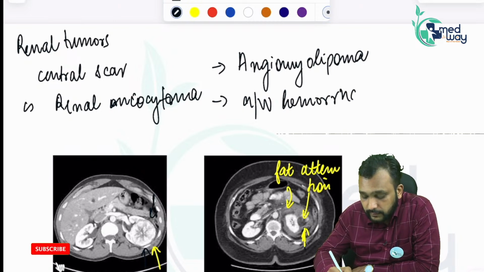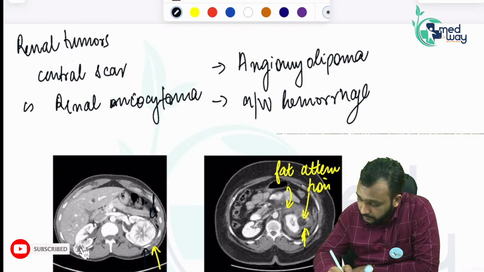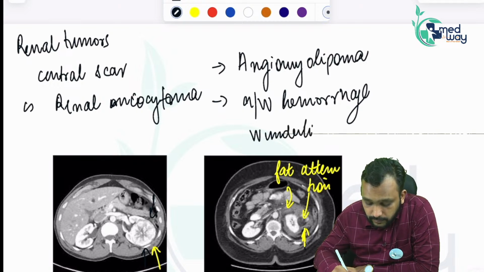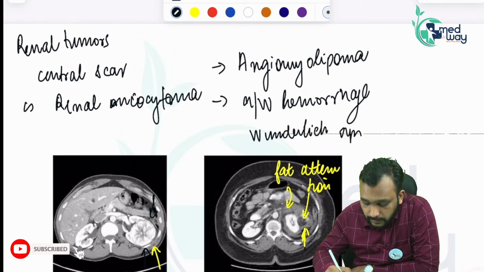When it is associated with hemorrhage, it is known as Wunderlich syndrome.